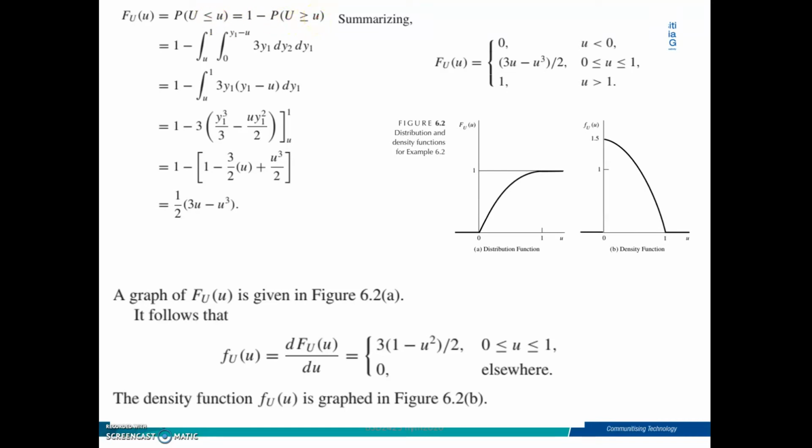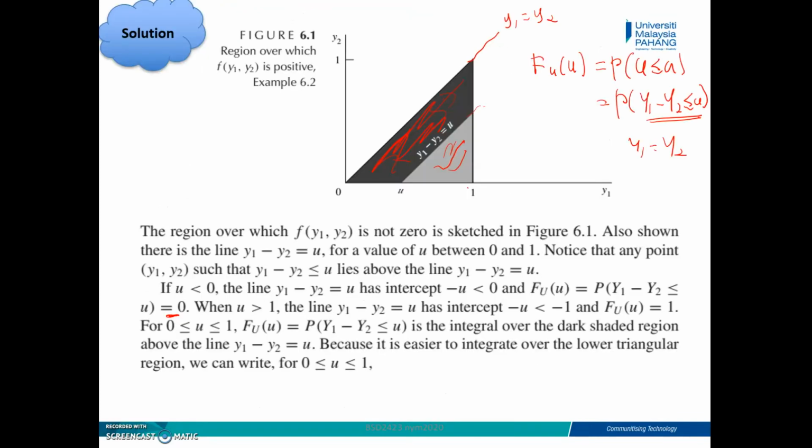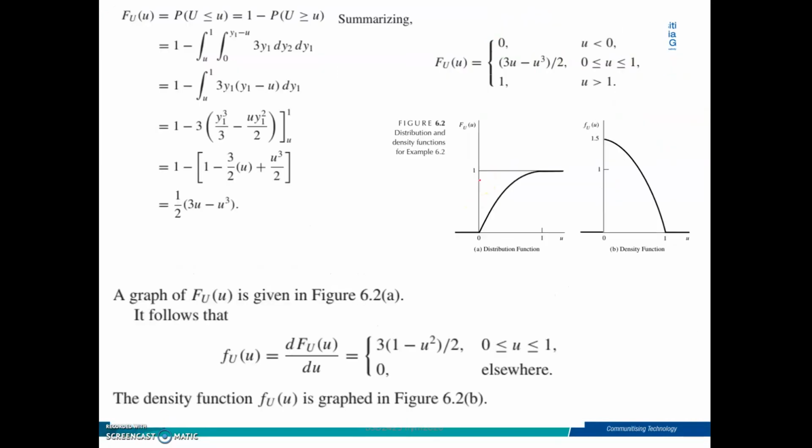If you look at the figure here, you can see that y1 in this area is between u and 1. And then for y2, how do you get it? From y1 minus y2 equal to u, you will get y1 minus u equal to y2.